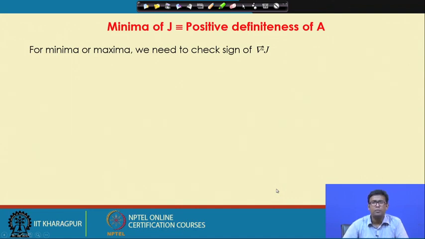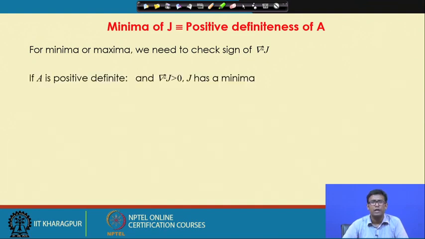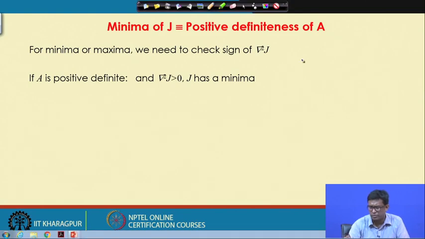For minima or maxima, that has to be decided from the sign of nabla square J. We got gradient of J is equal to Ax minus b, right. So, the second derivative of J, or Laplacian of J, will be the matrix A only.